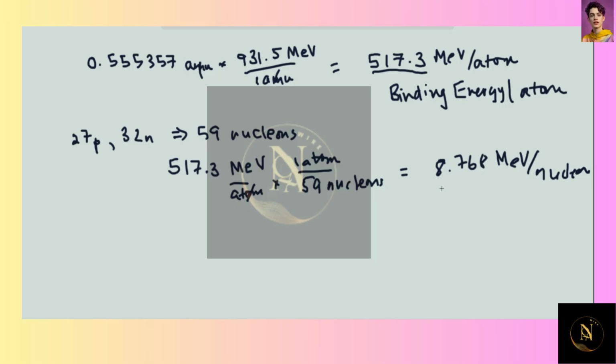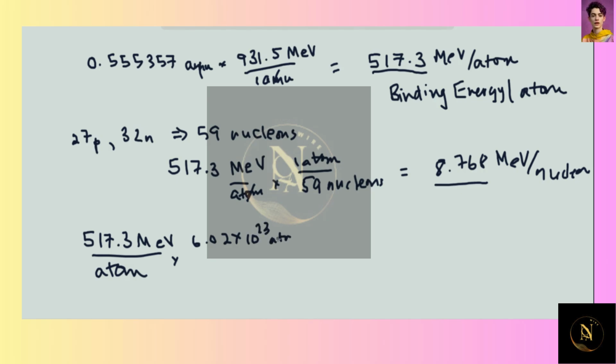If we want to change our binding energy from electron volts per atom to kilojoules per mole, we can do that using the conversions given as well. We're going to start off with our 517.3 mega electron volts per atom. And I know that there are 6.02 times 10 to the 23rd atoms per mole.